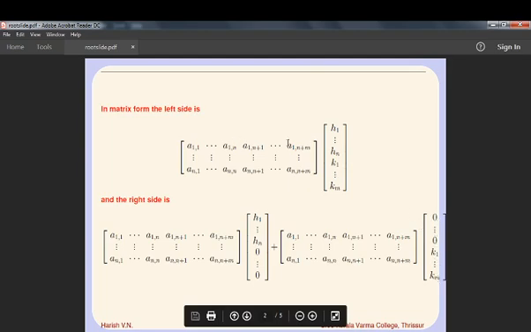So when you multiply this and this, it will be this into this plus this into this. Okay. So this A of h comma k is split into 2.